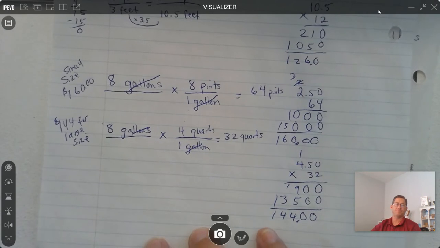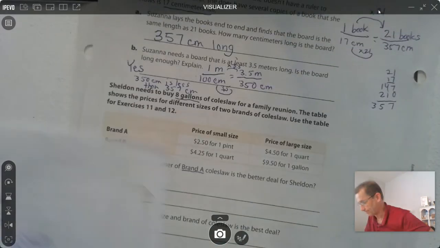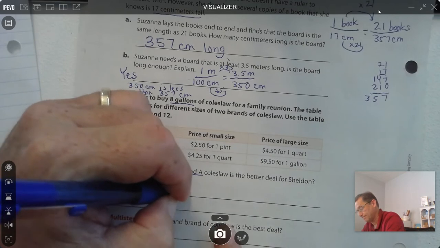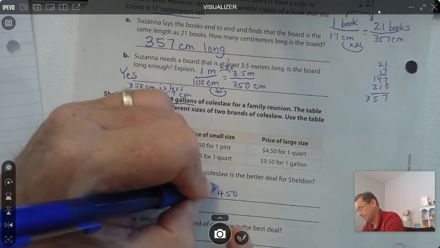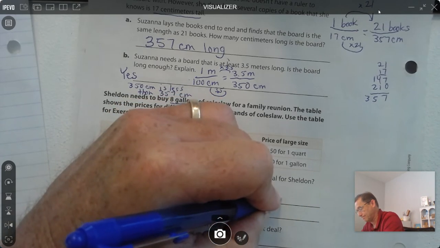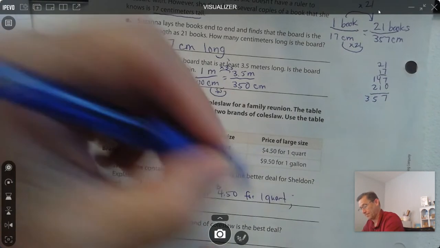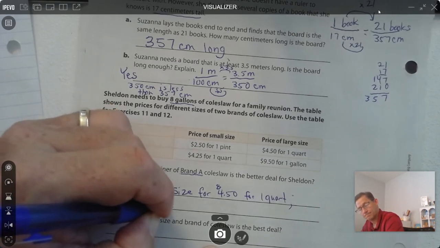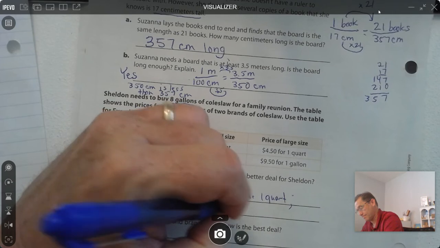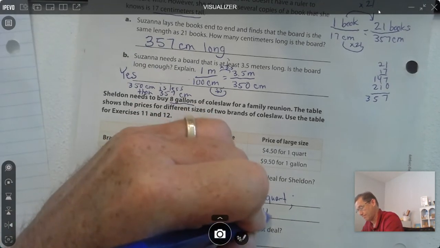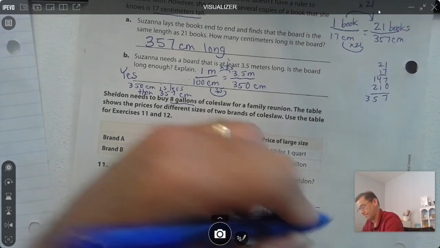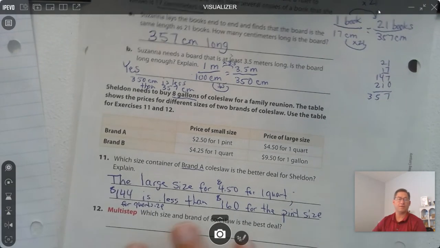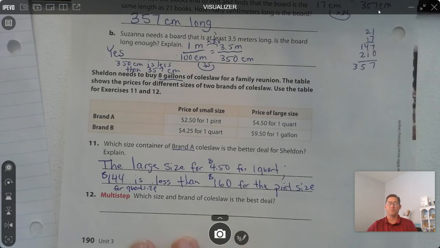Okay, so which one's a better deal? The large size. Okay, so $144 is less than $160 for the pint size.